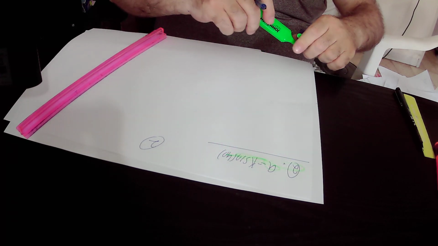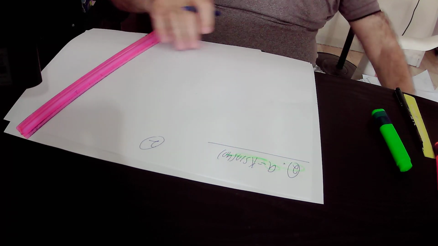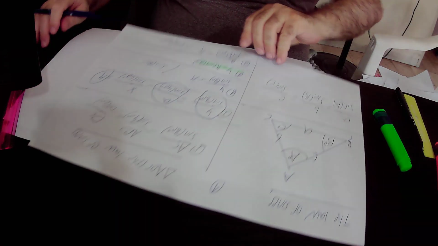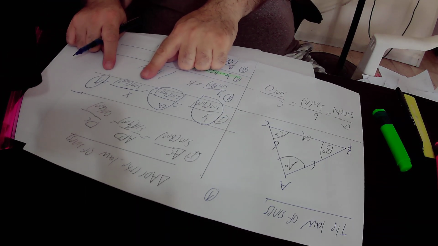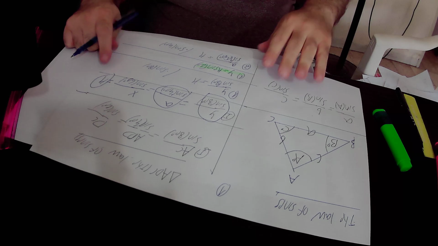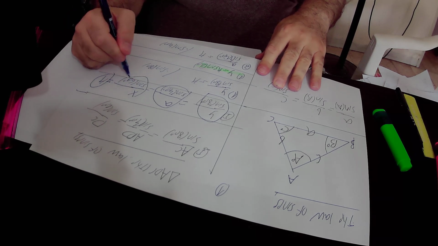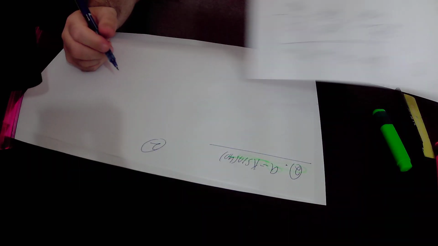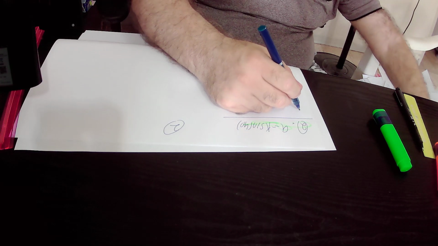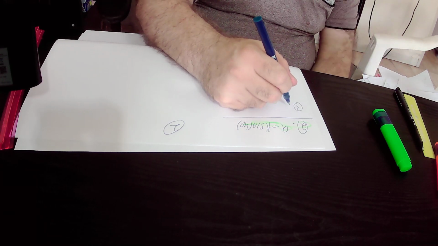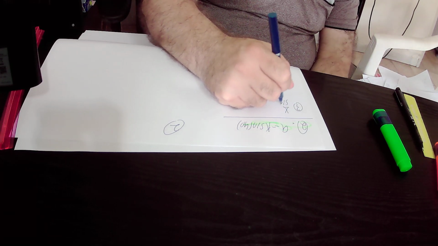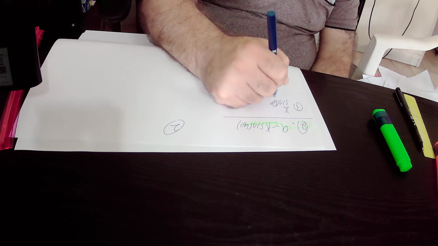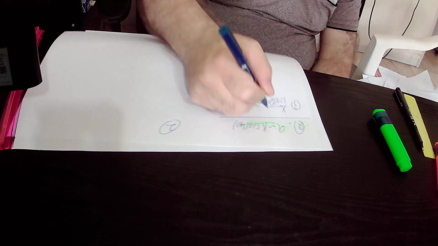And finally, those two expressions are also equal to each other. Okay, so we can write down that here x over sine 60 degrees is equal to k.